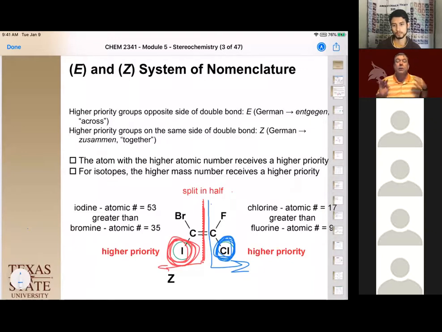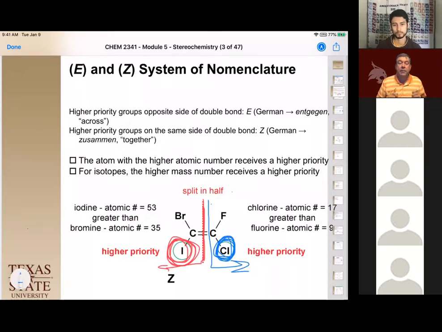Okay. So now we look at the two highest priority groups we have, and we ask, are they on the same side of the double bond? If they are on the same side, together, we call it Zusammen. If they were on opposite sides of the double bond, one below and one above, that would be our E configuration. Because our two highest priority groups are on that same side, it is Z, or Zusammen.